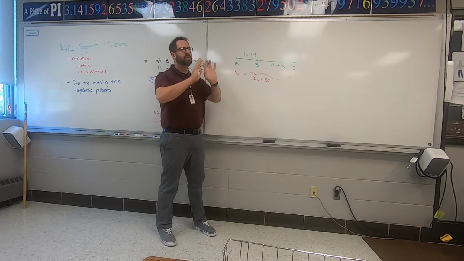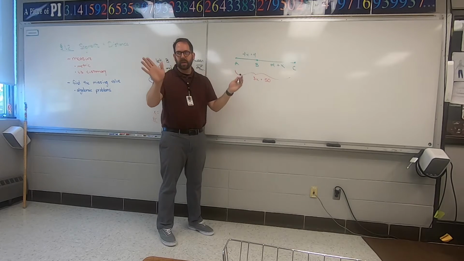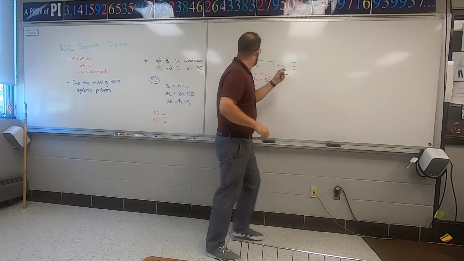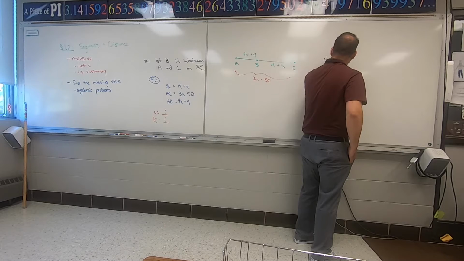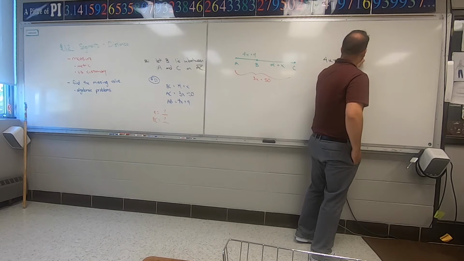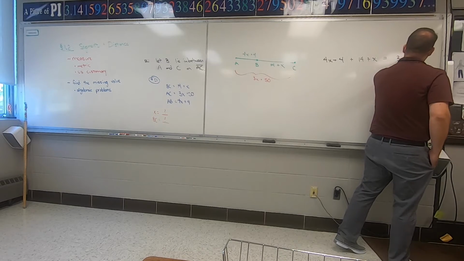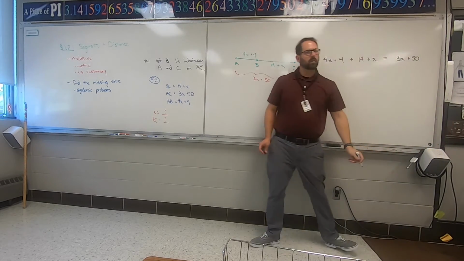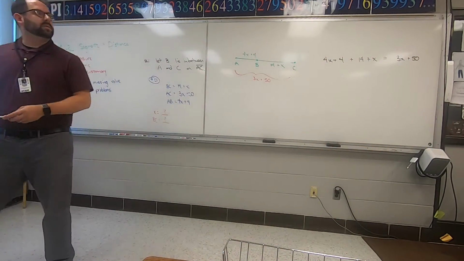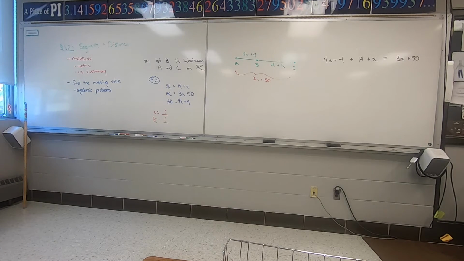The entire stick should always be on the other side of the equal sign, no matter what it is. So you're absolutely right. 4x plus 4, 14 plus x, that better be equal to the 3x plus 50. Absolutely agree with that. Okay, thank you, good setup.